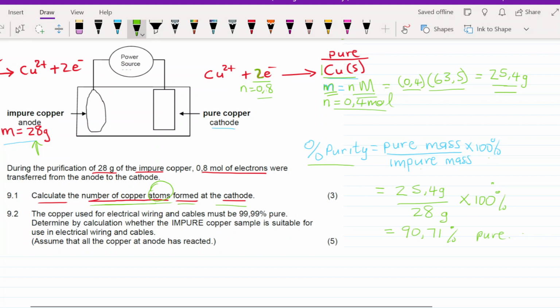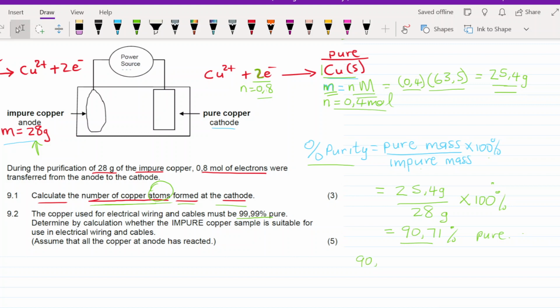Determine by calculation whether the impure copper sample is suitable for the use in electrical wiring and cables. So we get 90,71, which is below.